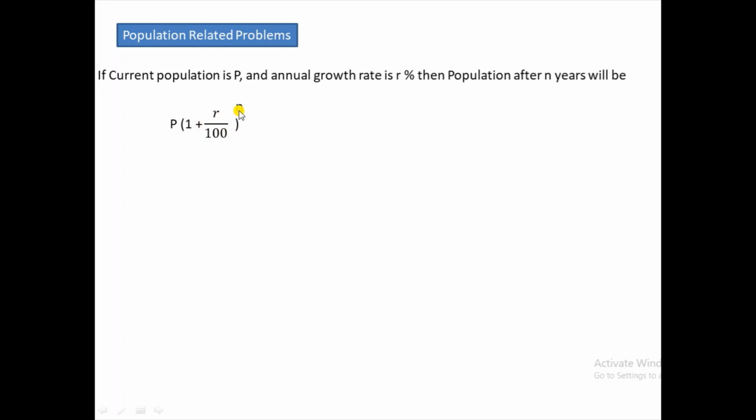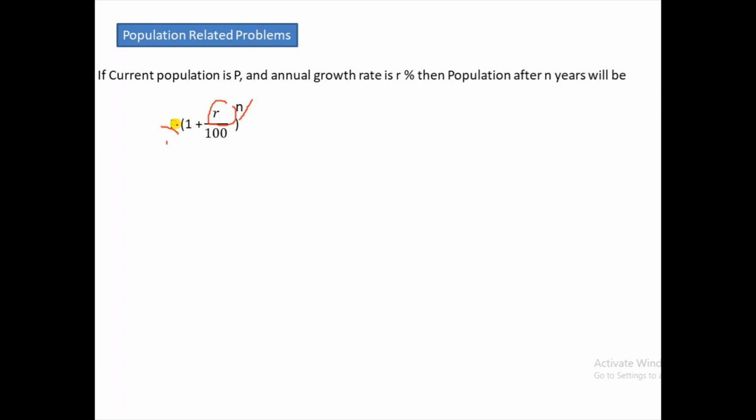Now here are population related problems. These are again a specific type of problems where the percentage concept is used.